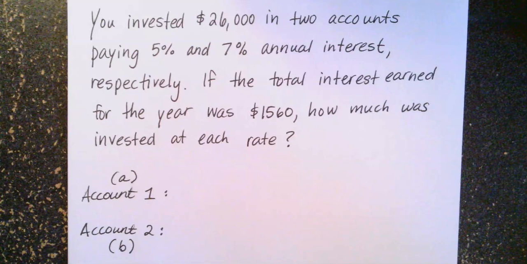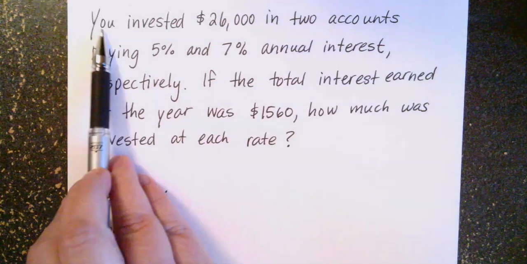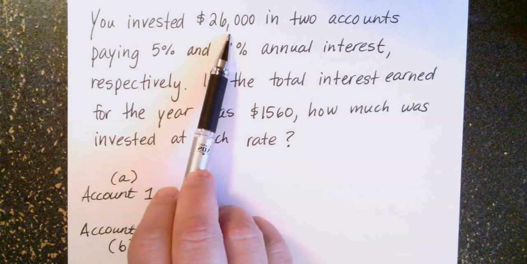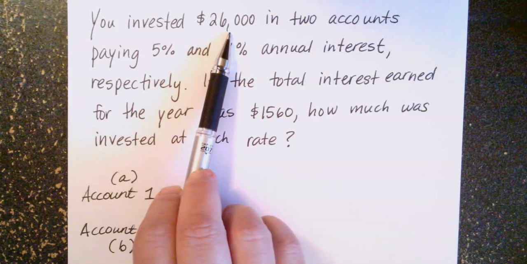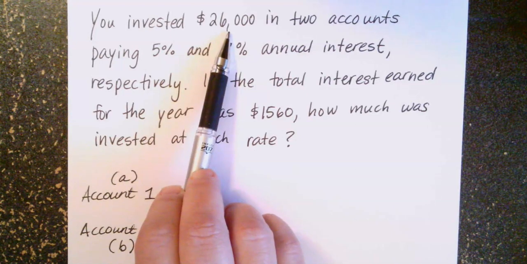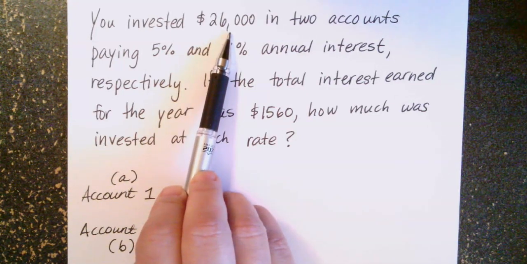One thing I know, and this is one of the big things we always look for in systems of equations word problems, is a grand total. Altogether, this is how much money I invested.